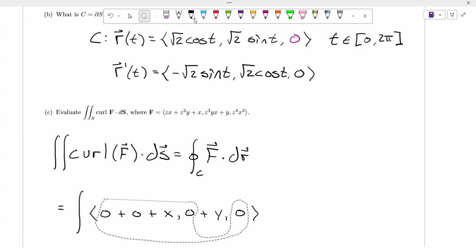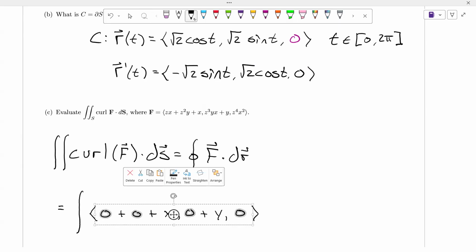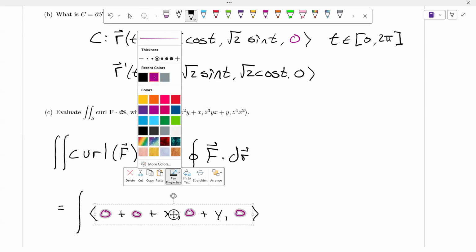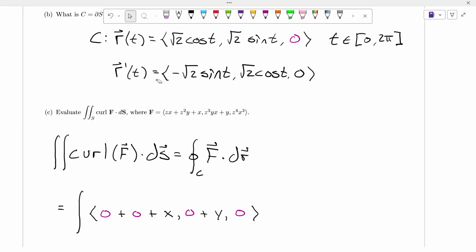Each of these four zeros comes from the fact that the z component is 0, which means right away, our field looks a lot nicer after plugging in our parameterization.